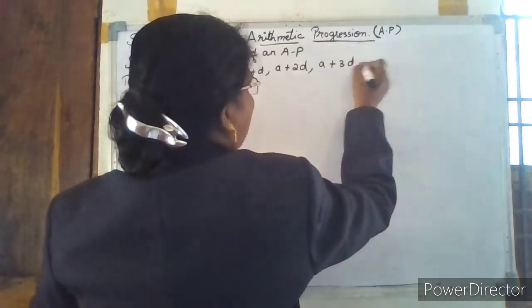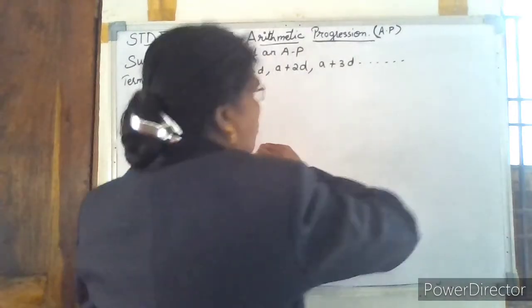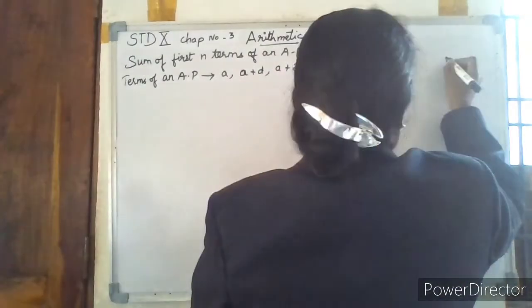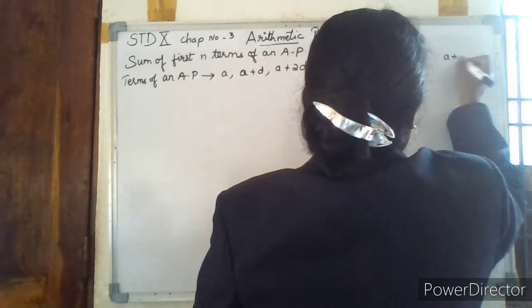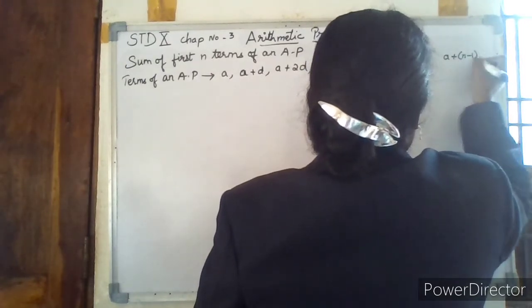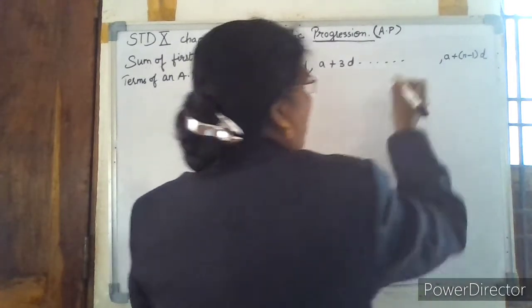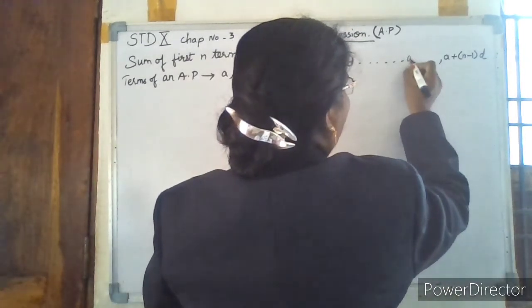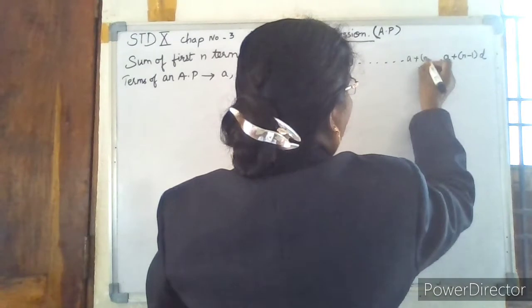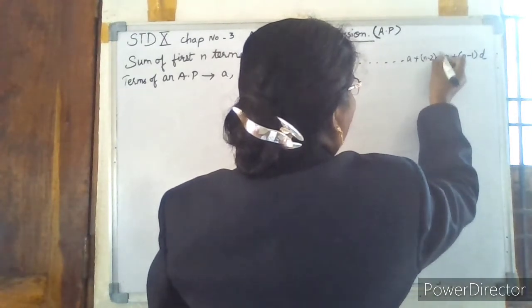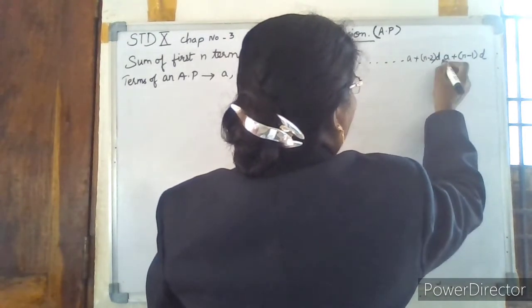We have the last term as A plus n minus 1 into D, using the nth term formula. The second last term is A plus n minus 2 into D. In this way we have the terms of an AP.